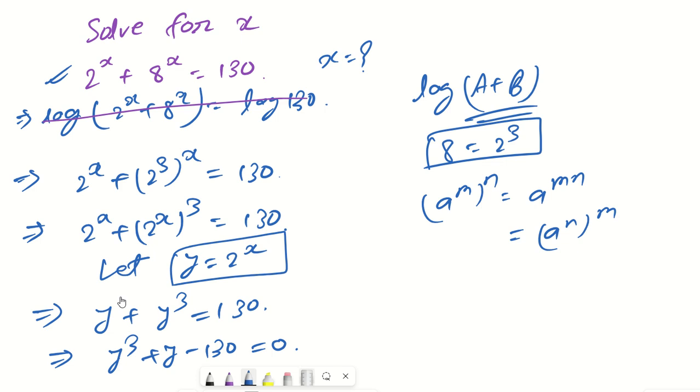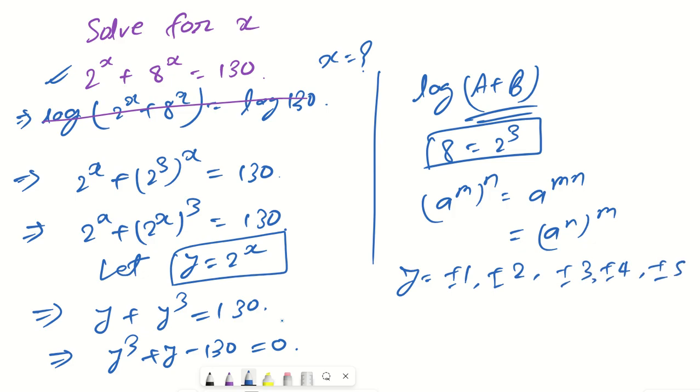is equal to 0. Now our aim is to find the first root by guess, because that is the only method we follow, right? So you can guess the value of y equal to, let us say, plus minus 1, plus minus 2, plus minus 3, plus minus 4. Like that, any values you can guess, plus minus 5, plus minus 6, right?